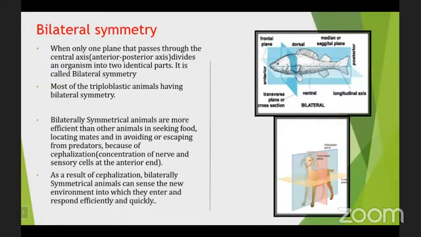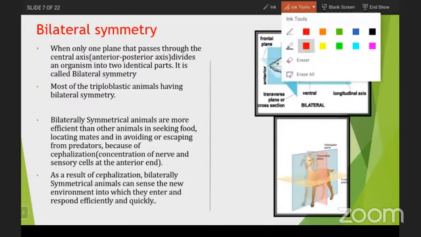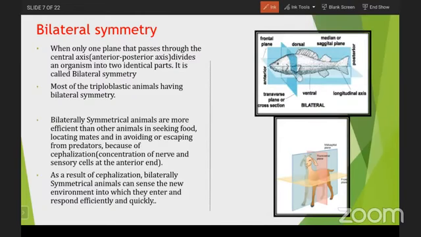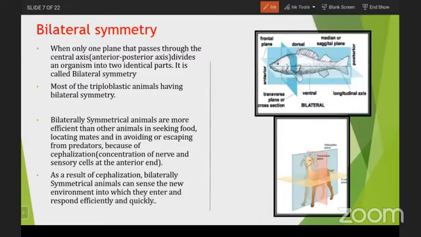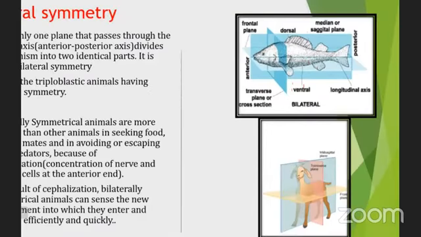Now bilateral symmetry, so this is another type. In bilateral symmetry, only one plane passes through the central axis, the anterior-posterior axis. Central axis means what you are able to see in the picture.